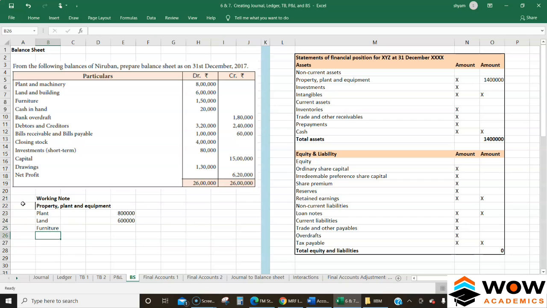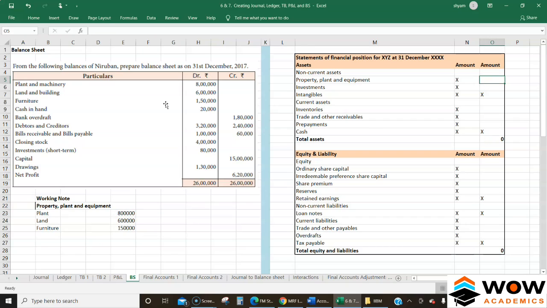Furniture we'll also put under it, because it is also an asset and we can't classify it under any other asset. So we'll put furniture under property, plant and equipment. The total number we'll put here.